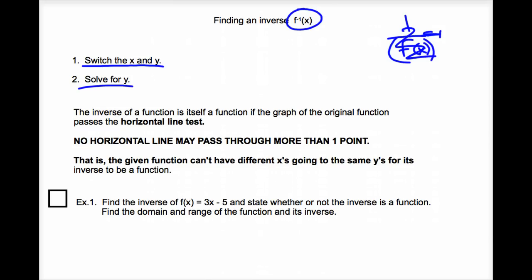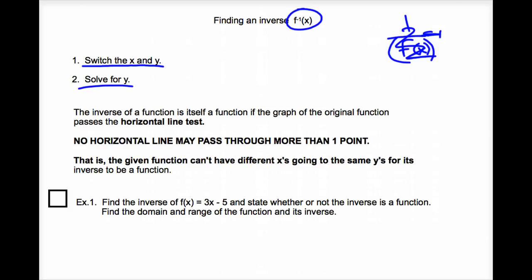Some questions you'll be asked are, is your original graph a function? And we go back in time and we go, oh, we could tell if it's a function by the vertical line test. Does every x go to the same y? If I have same x's, do they go to the same y?